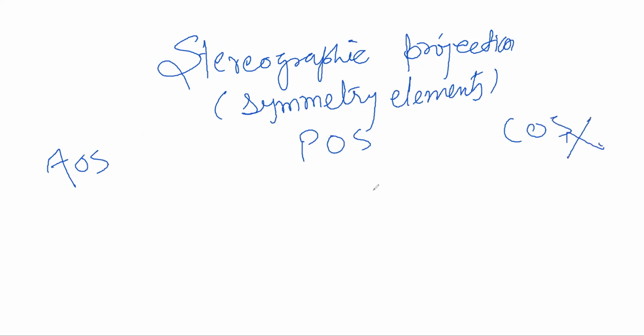And center of symmetry we do not take in this stereographic projection. All right. So axis of symmetry is represented, as we all know there is 2-fold symmetry, 3-fold symmetry, 4-fold symmetry, and 6-fold symmetry. And plane of symmetry is the mirror plane, that we will be seeing later on.